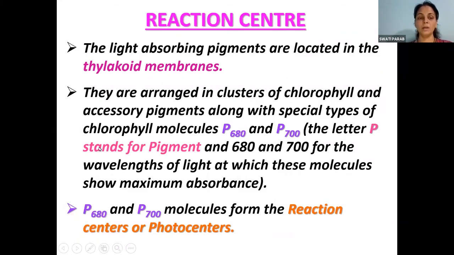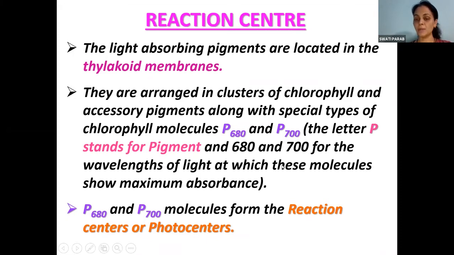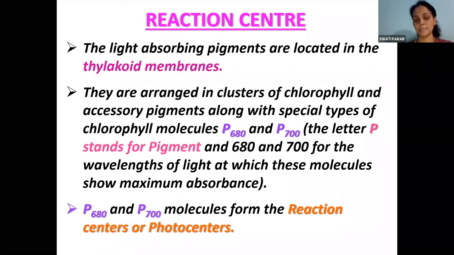It's given here: the letter P stands for pigment, and 680 and 700 are the wavelengths of light at which these molecules show maximum absorption. So the one which shows maximum absorption at 680 will be P680, and the one which shows maximum absorption at 700 will be P700.